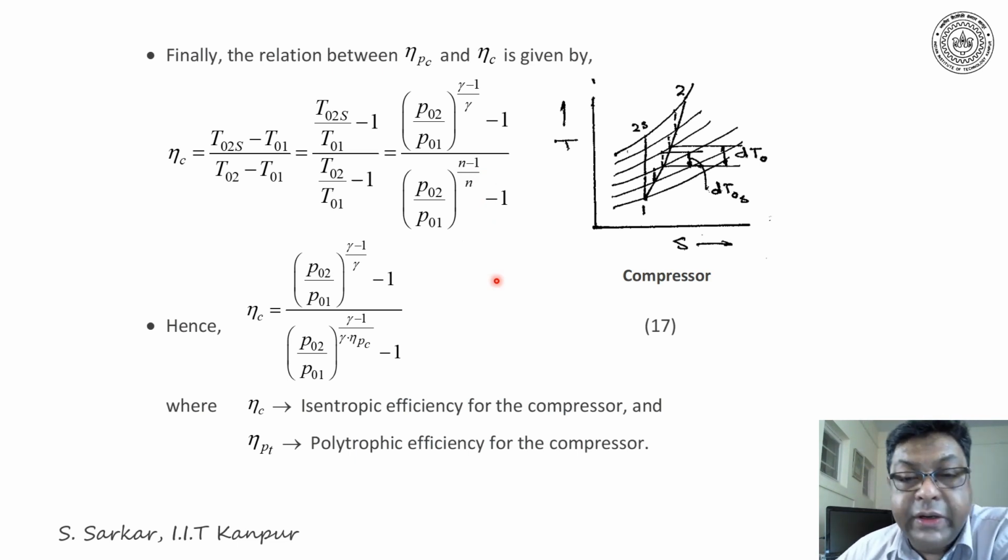Now I have already correlated n with eta Pc and gamma.